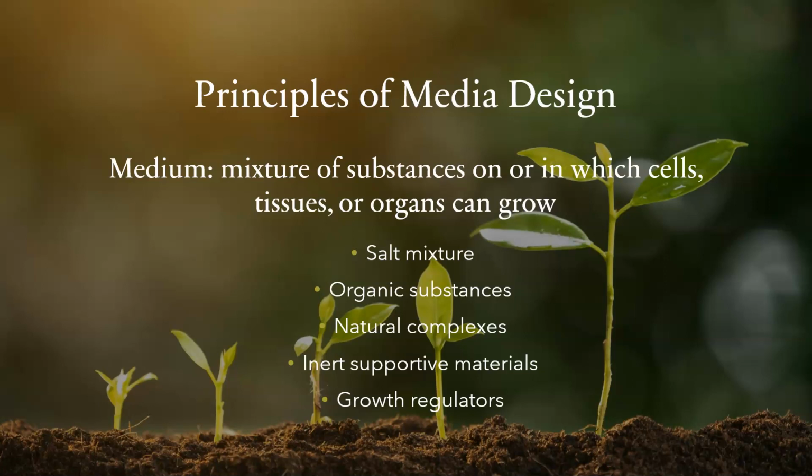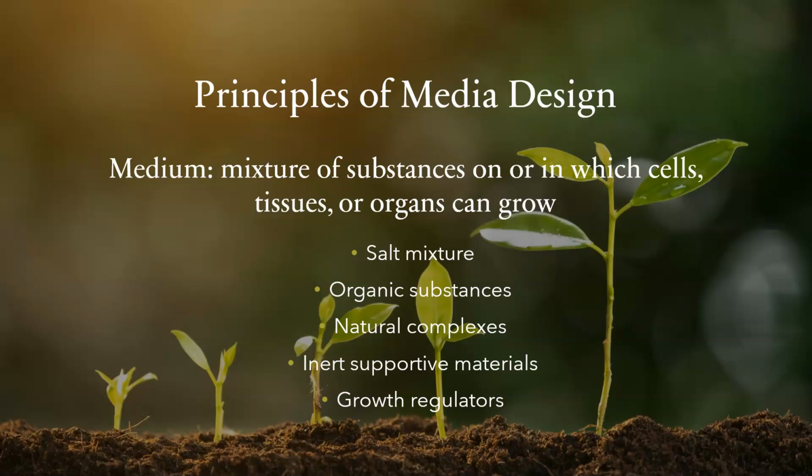Nutrient medium for plant tissue culture is a mixture of substances on or in which plant cells, tissues, or organs can grow and survive. These substances include salt mixtures, which can be classified into macronutrients and micronutrients according to their relative concentrations in plant tissue.